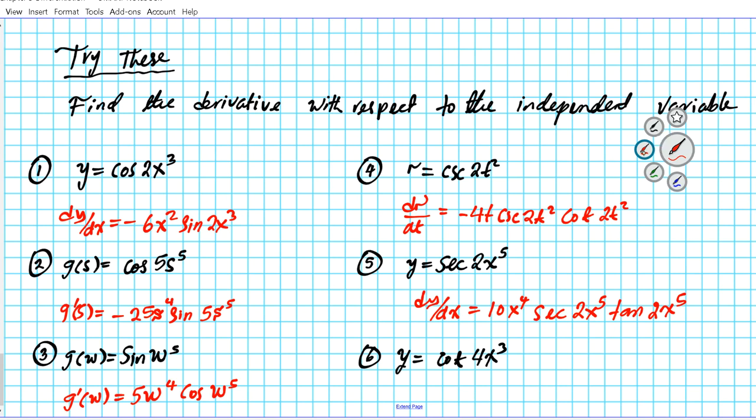And for number 6, the last one, dy dx is negative 12x squared cosecant square 4x to the third.